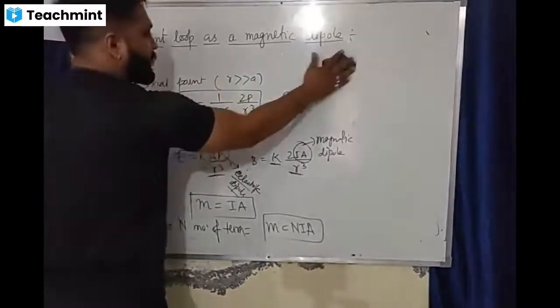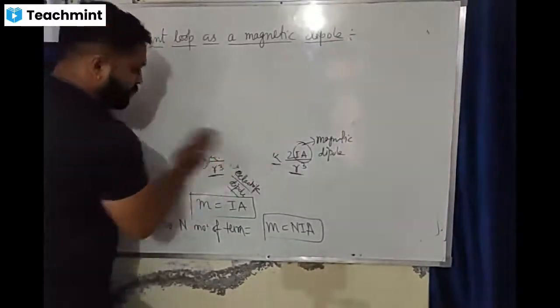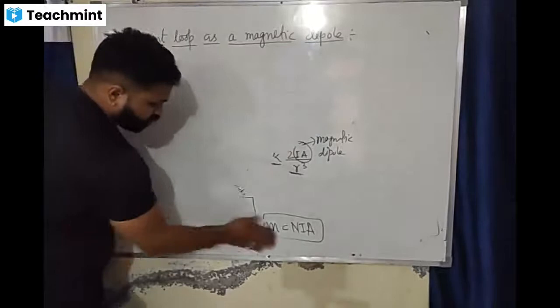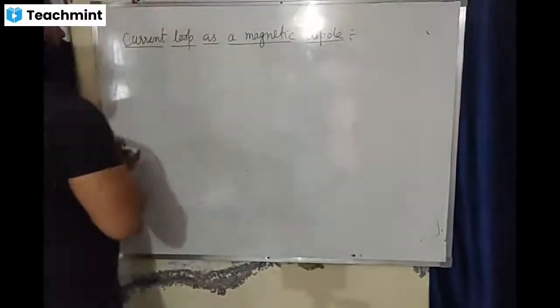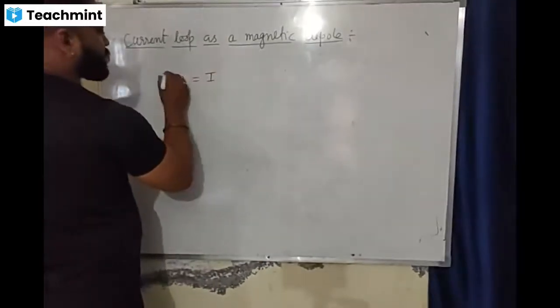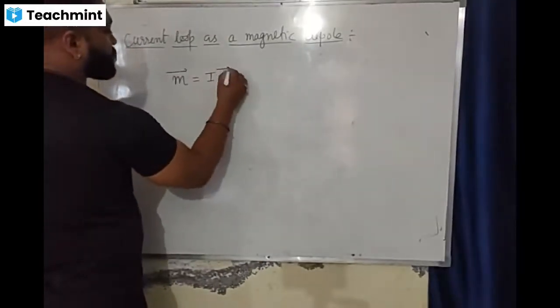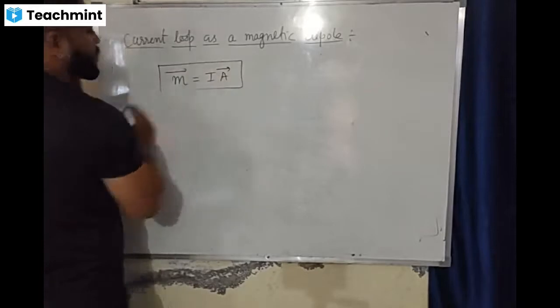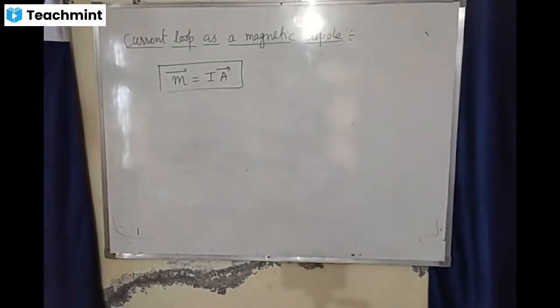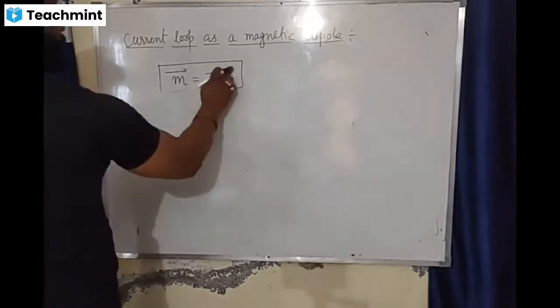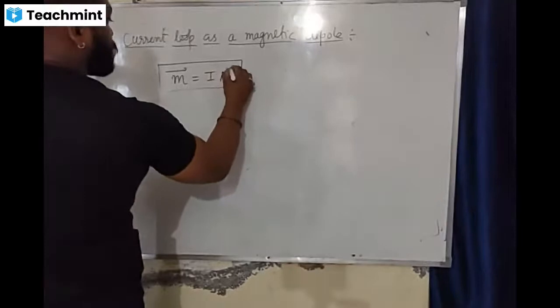So I can write it in vector form, m equals I into A cap. You know that we consider area as a vector quantity. Or you can write it like this also, I A into n cap.